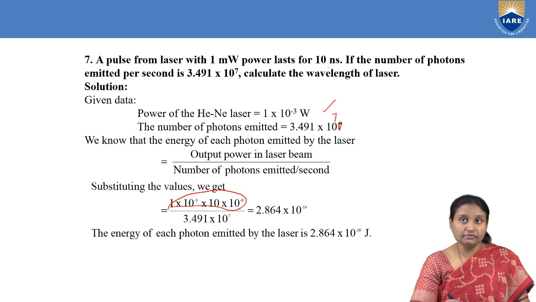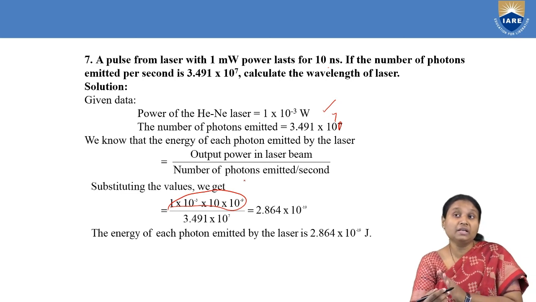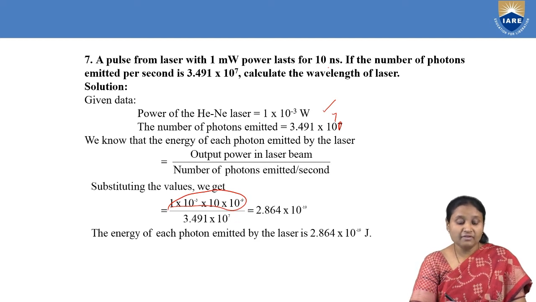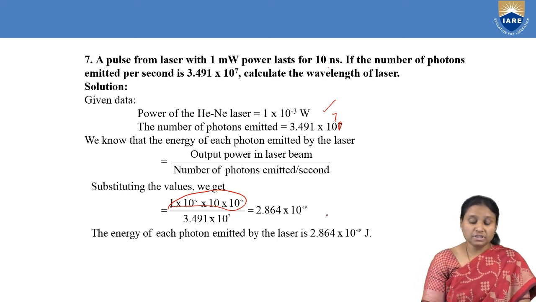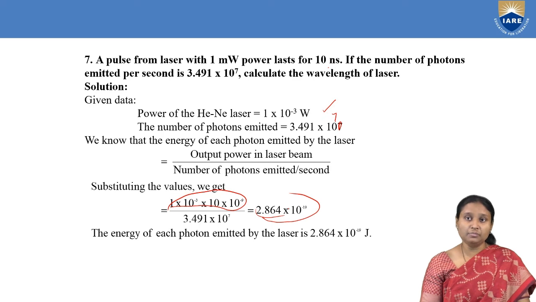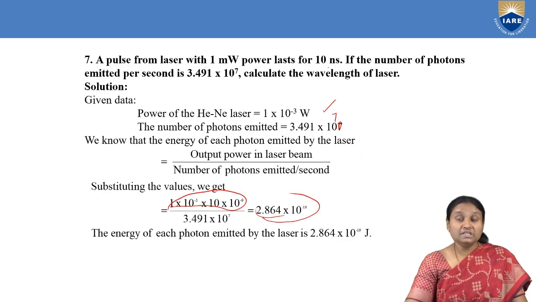We need to convert power emitted for 10 nanoseconds to power emitted per second. And of course, we have the number of photons emitted per second. So when we do it, we end up having our energy of photon as 2.8 into 10 power of minus 19 joules.